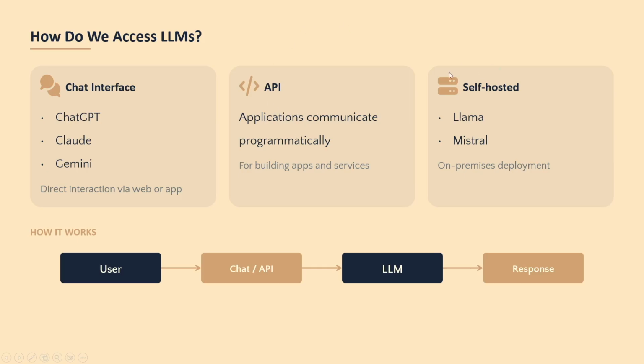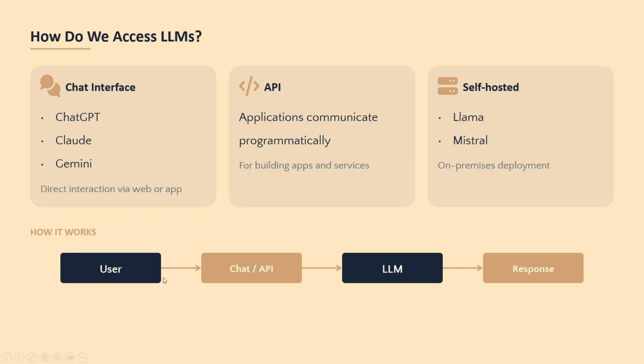Sometimes those LLMs we can host in our own machine itself. For example, Llama or Mistral, there are some open source LLMs available that we can install in our own machines, and using APIs from our own machines we need not communicate over the internet, but we can use it within it.